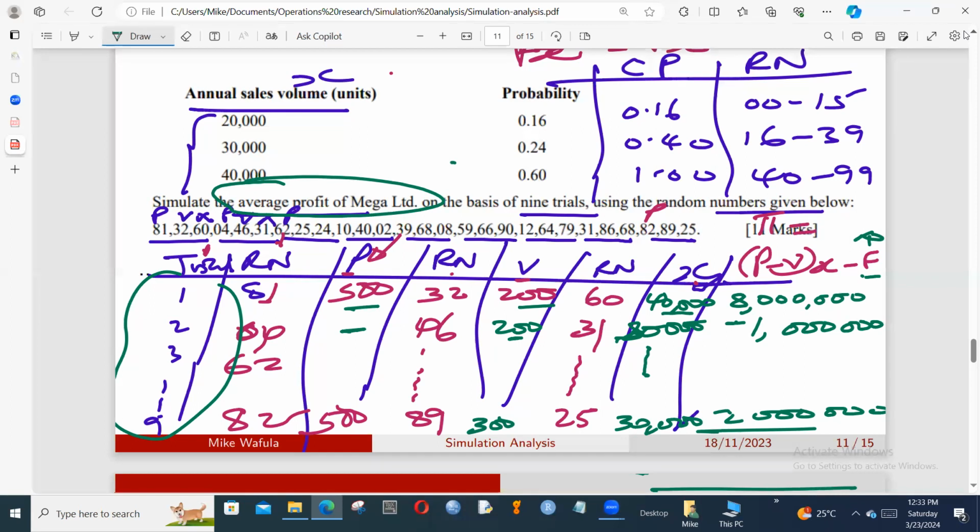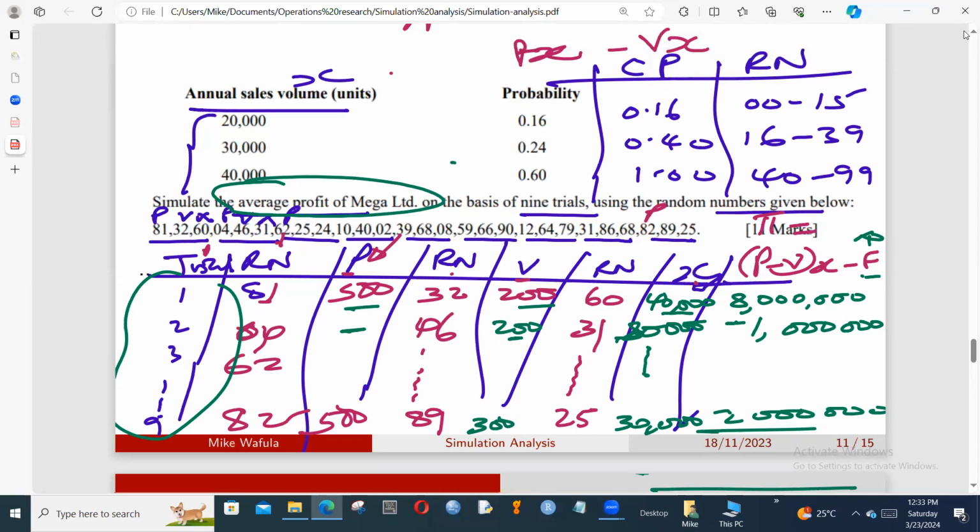Any other different answer? It's good to try so that we share the feedback, but we vote who could be the correct one. It is 2 million.